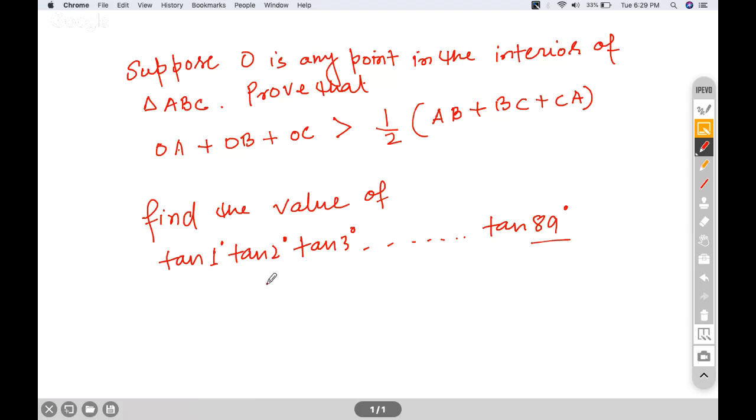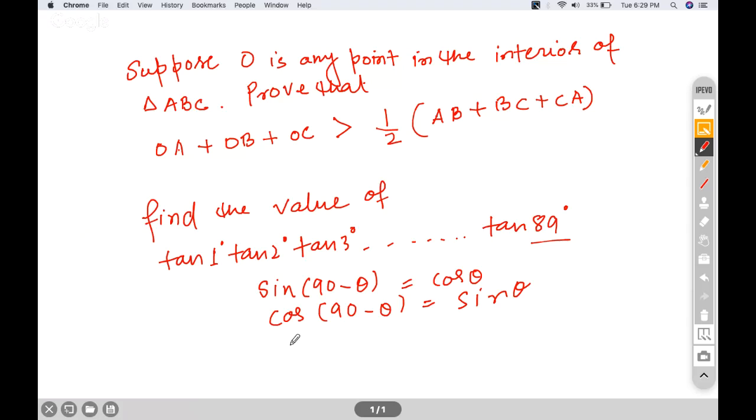When you know that sine 90 minus theta is equal to cos theta, cos 90 minus theta is equal to sine theta, and tan 90 minus theta is equal to cot theta. Now tan theta multiplied by cot theta is equal to 1.